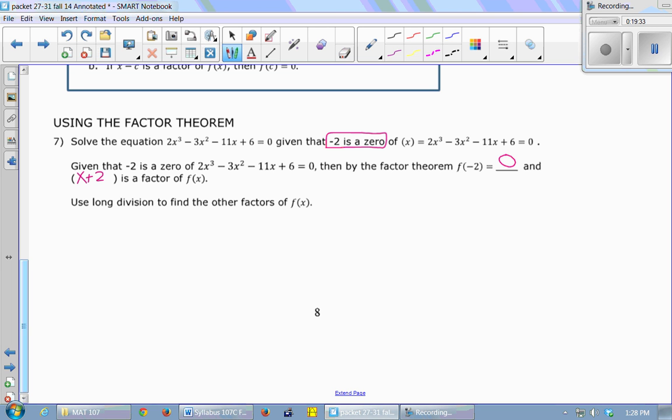Okay, so I have one of my factors. To get another factor, I could divide. So I have x plus 2, and I want to know, what do I multiply x plus 2 by to make 2x cubed minus 3x squared minus 11x plus 6?